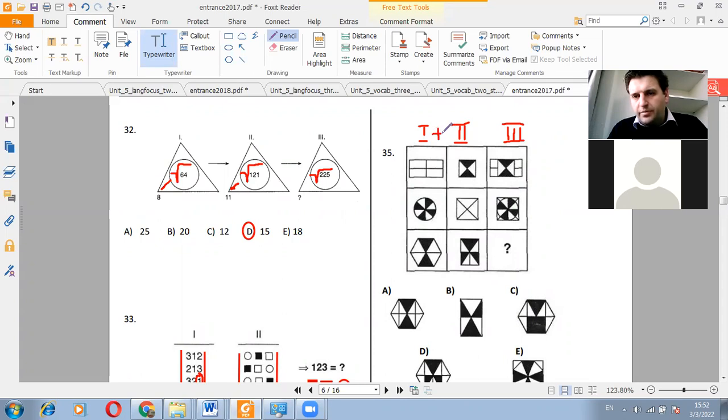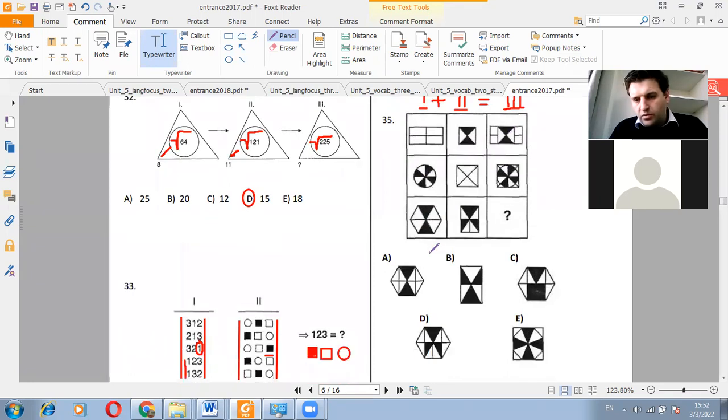The first shape plus the second shape gives the third shape. So this plus this, you got this one. And the same goes for the second row. The third row tells us we have a hexagon and a rectangle.